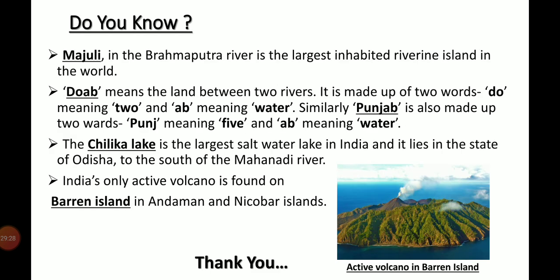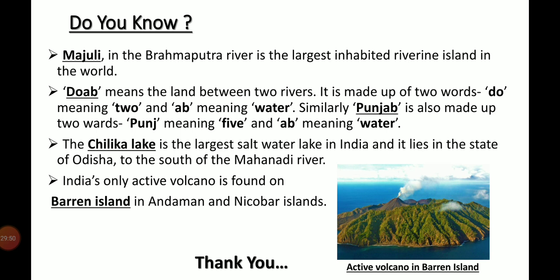Lastly, we describe some key notes of this chapter. Majuli. Majuli is the largest inhabited riverine island in the world, which is situated in the river Brahmaputra in Assam. Next, Doab. Doab means the land between 2 rivers.